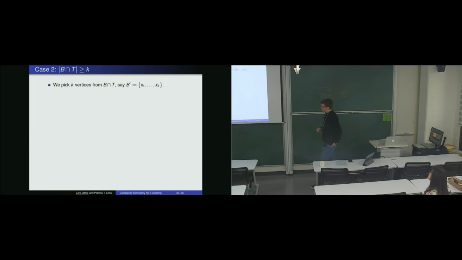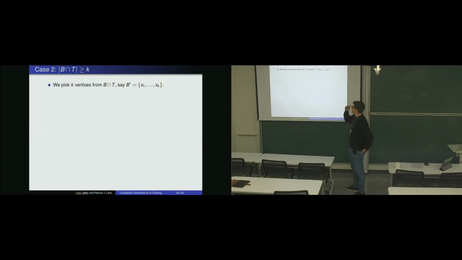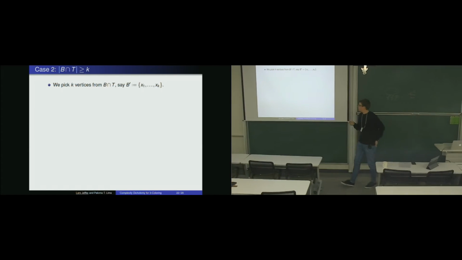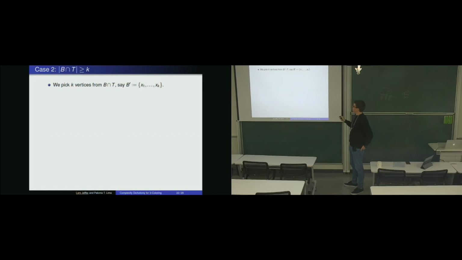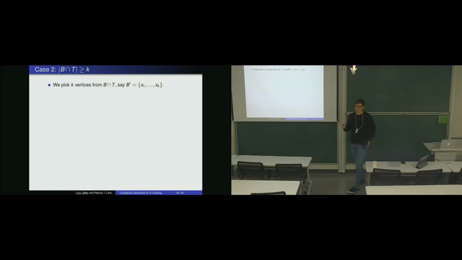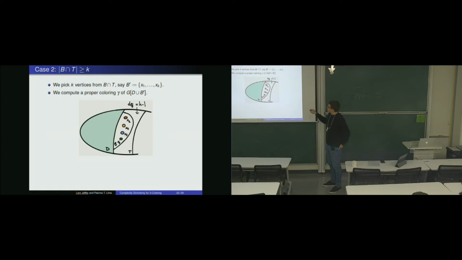Okay, now let's consider the second case, when we have at least K elements in the intersection of B with T. So first what we do is we pick some K vertices of this set, and let's just call them x1 to xk. Then we compute any proper coloring of the subgraph of G induced by D and these vertices that we picked.